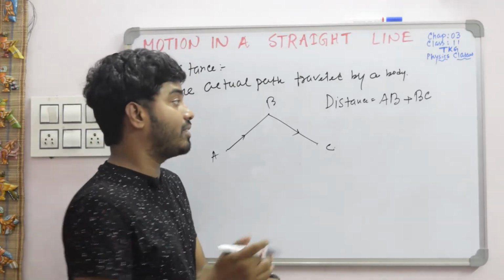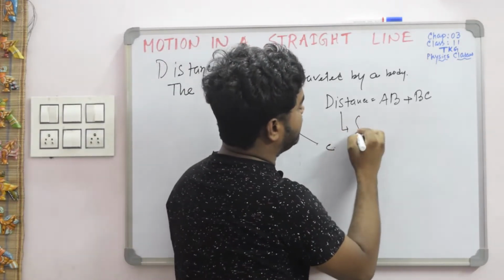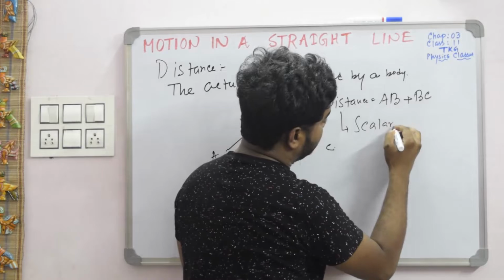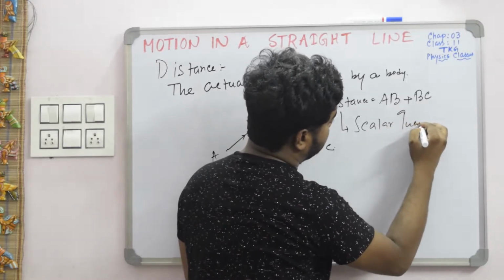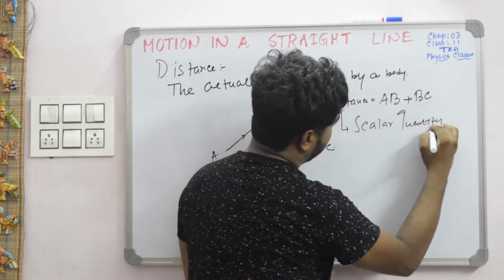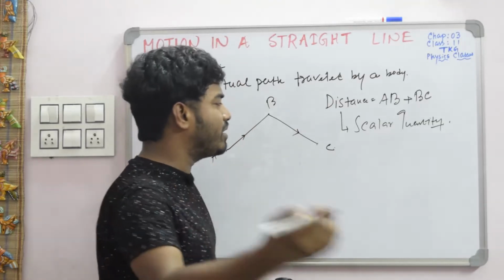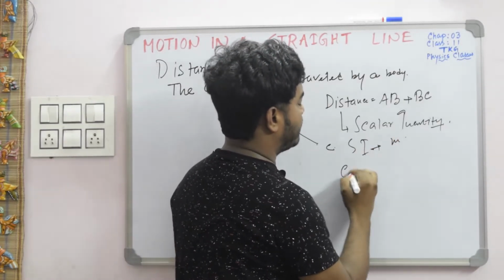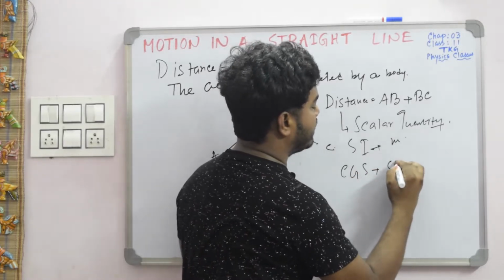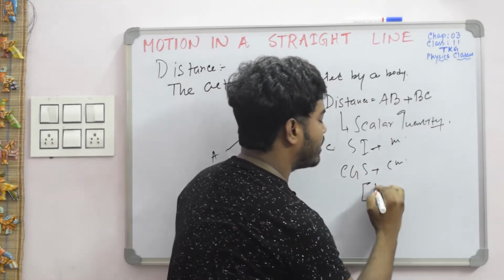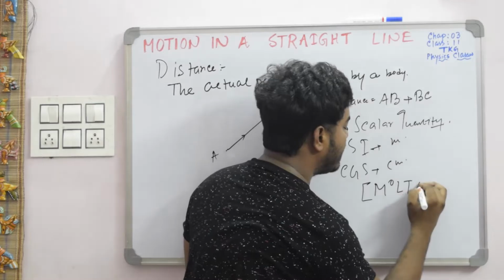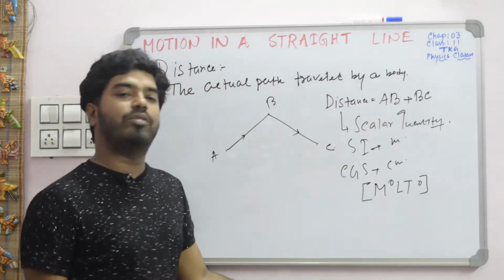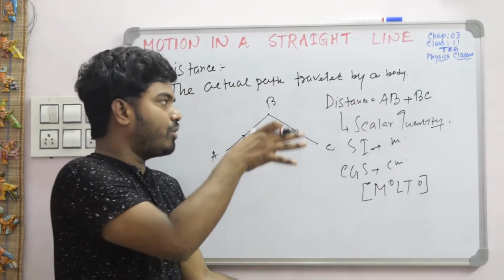So distance is a scalar quantity. Now what is the unit of distance? The SI unit is meter, CGS unit is centimeter, and the dimensional formula is M0 L T0. So this is about distance.